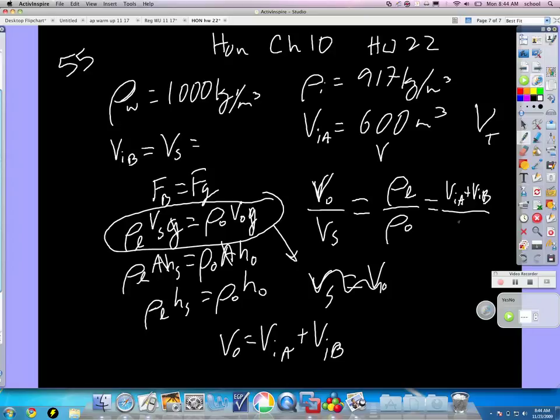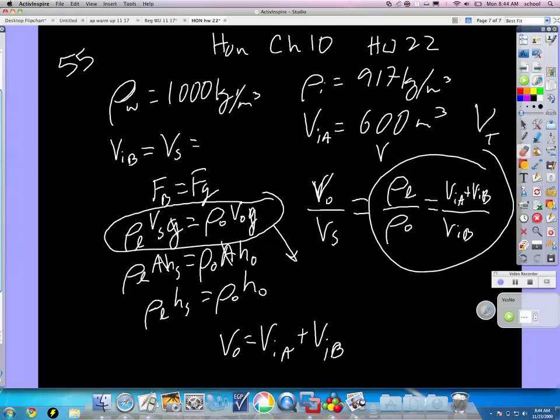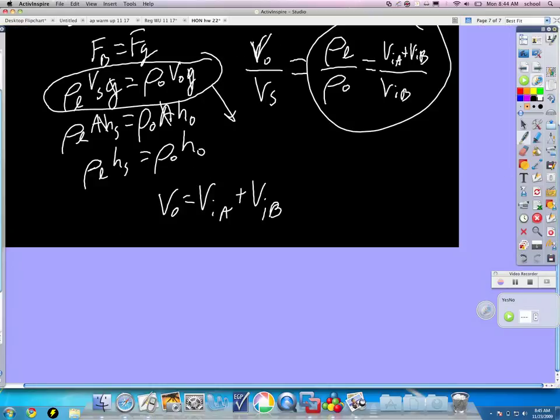We get the density of ice times the volume of ice above the water, plus the density of ice times the volume of ice below the water. That equals the density of water times the volume of ice below. So the volume of ice below the water is equal to the density of ice times the volume of ice above the water, over the density of water minus the density of ice. Is that going to work?